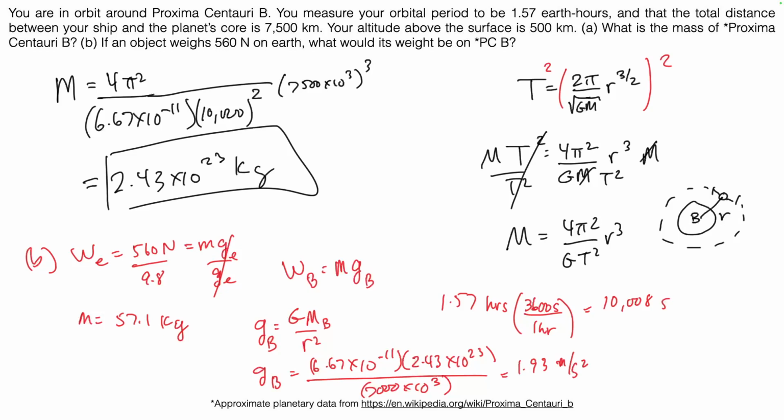Did I get the right binder? I did get the right binder. For some reason, I've got like 2.78 hours for the orbital period. So that's a different problem. I suspect I know what happened here.